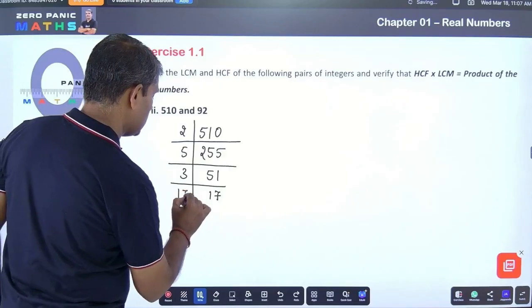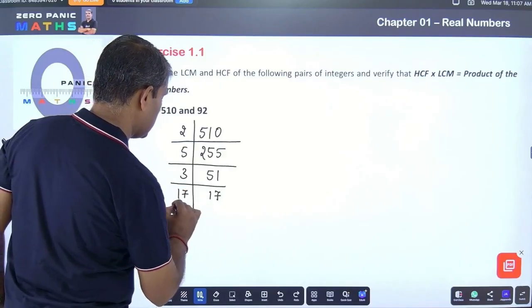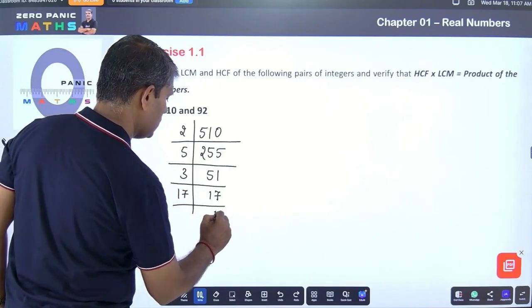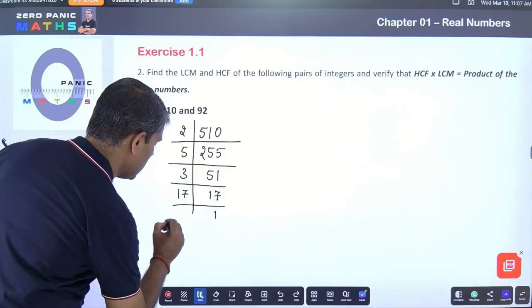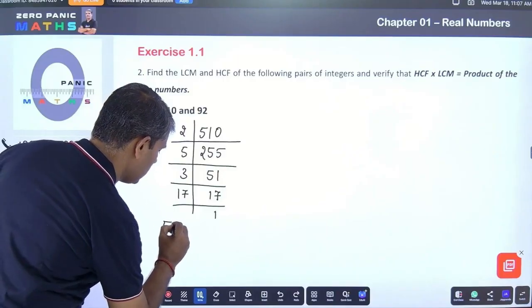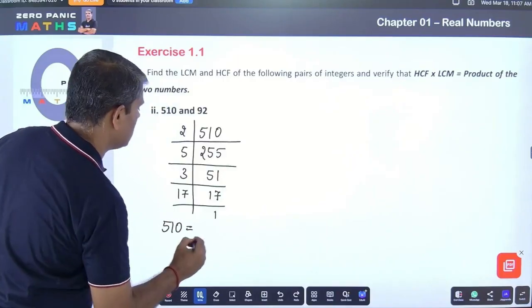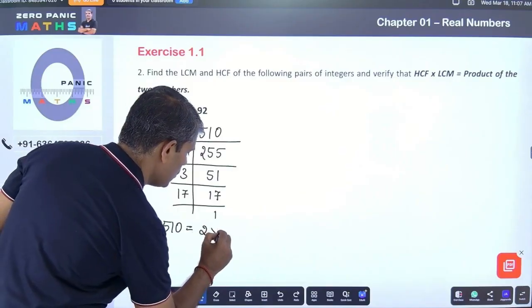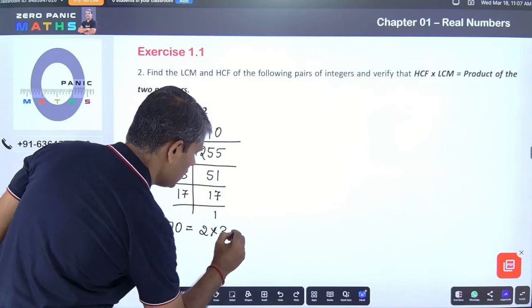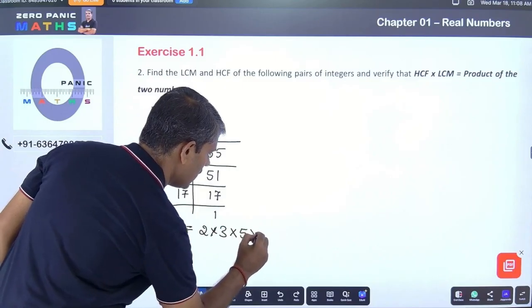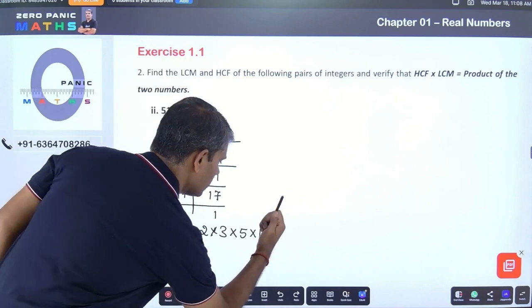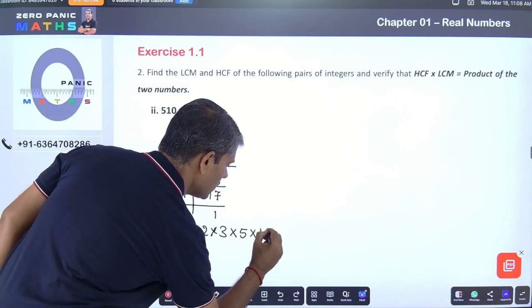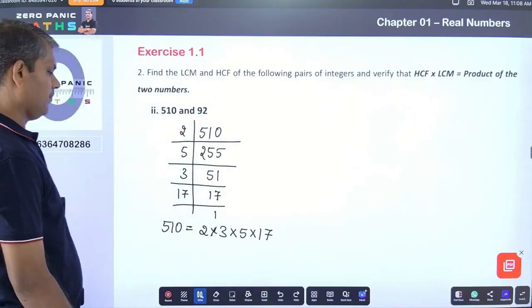So what is 17? 17 itself is a prime number. So 17 1s are 17. So what is 510? 510 can be represented as 2, 3, 5, and 17.